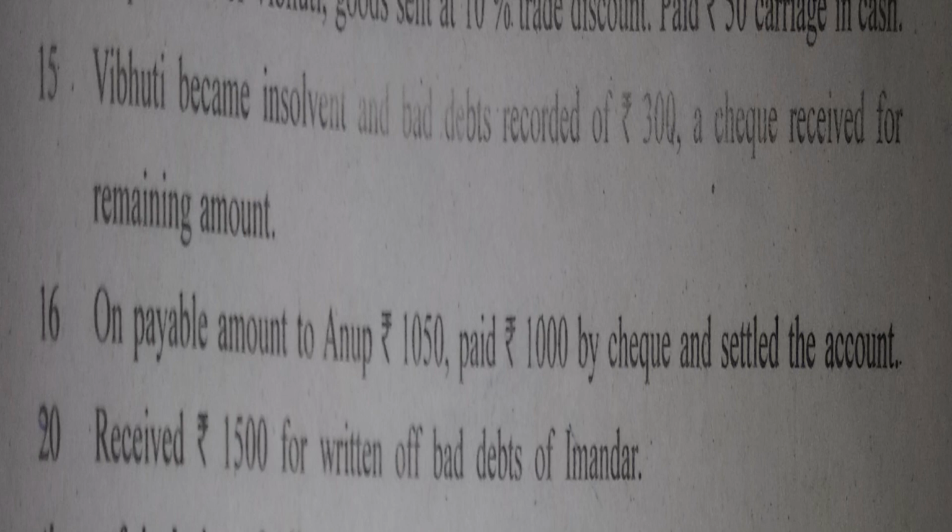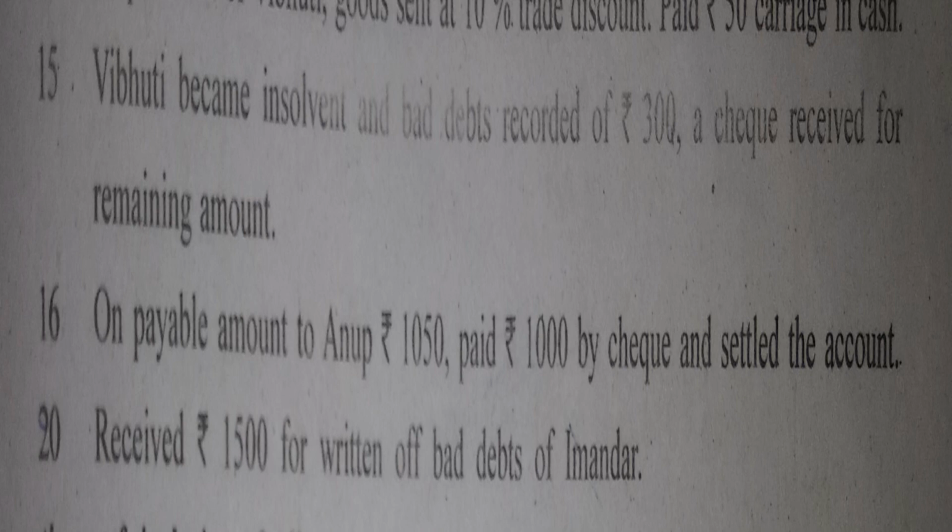Bad debts is of rupees 300 and remaining amount check is received. So out of 4,500, if 300 is for bad debts, then what is the remaining amount? 4,200 of course. And they say that for that a check is received. Yes? So check is received.